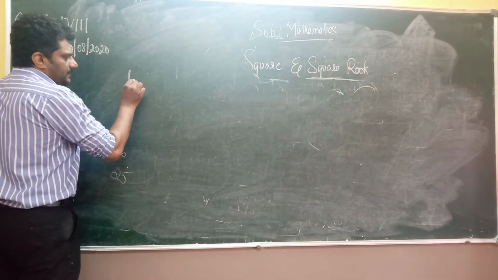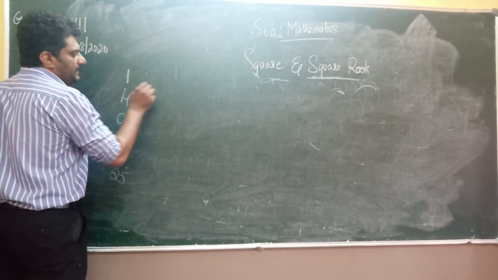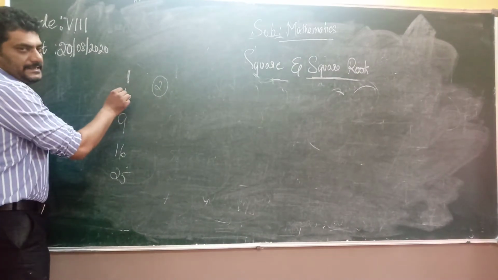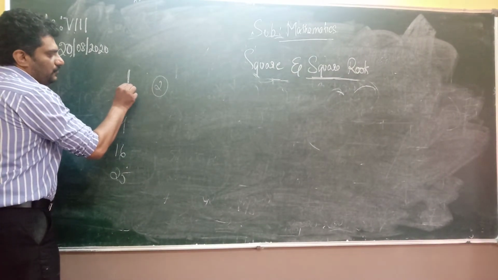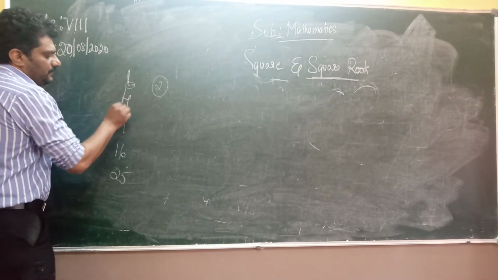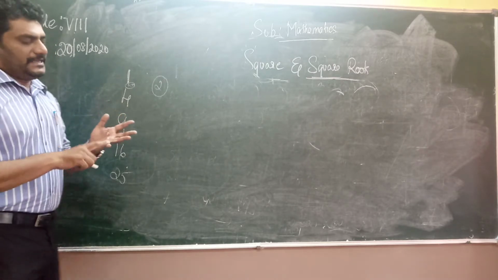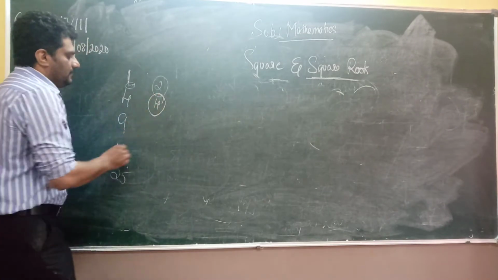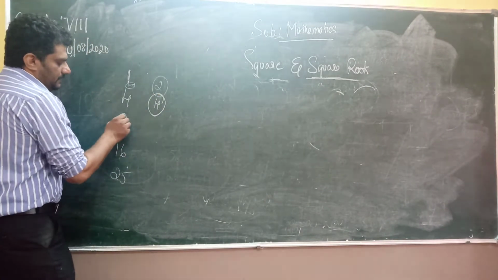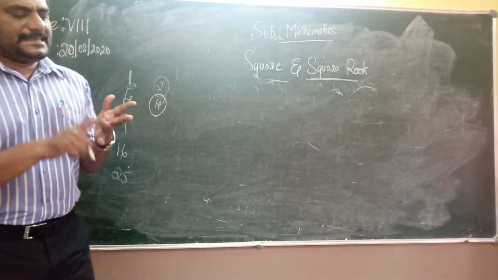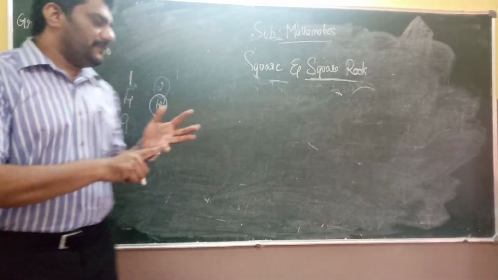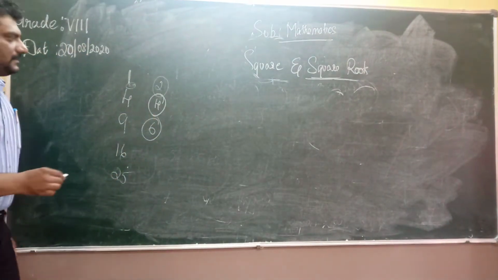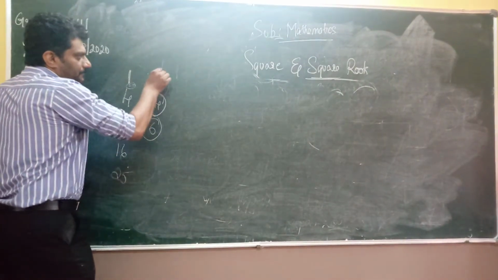Between 1 and 4, how many numbers do we have? 2, right? 2 and 3. Between these two, 5, 6, 7, 8. 4 numbers we have. Between these two, 10, 11, 12, 13, 14, 15. That is 6 numbers we have. Do we have any kind of pattern?